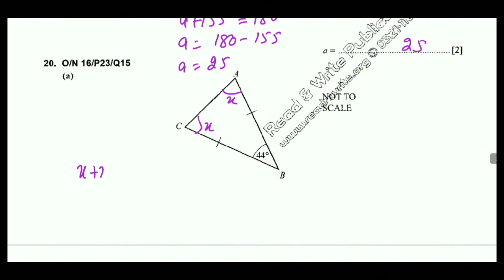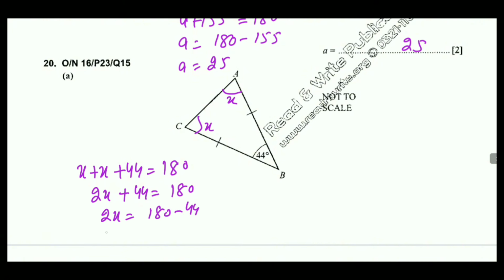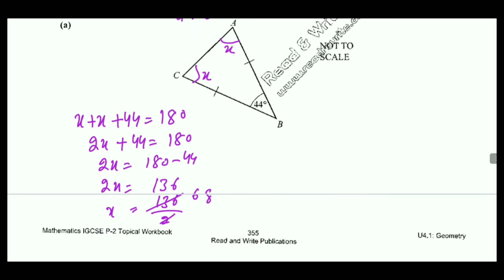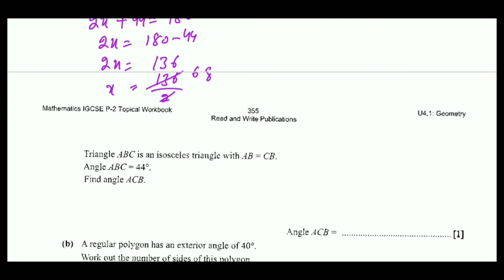So x plus x plus 44 is equal to 180 by angle sum of a triangle property. 2x plus 44 is equal to 180. 2x is equal to 180 minus 44, and 2x is equal to 136. X is equal to 136 over 2, 68. So 68 will be the final answer.